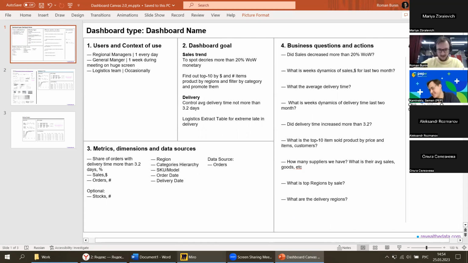Let's consider that I'm a regional manager and I just opened my region, so there is no need to split by regions at the very beginning. If we are considering a general manager, yeah, but if I just select my region, I just want to see what the sales are, what the dynamics are.